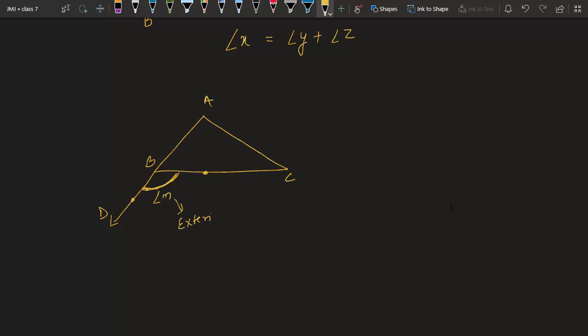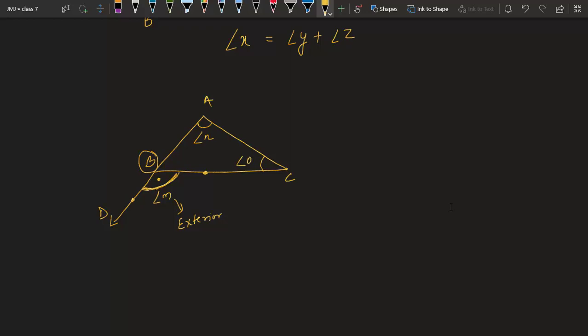Now you only tell me which are the interior opposite angles. Is it angle B, angle A or angle C? What do you think? Now you have to see, this is the exterior angle, that means angle B is adjacent one, it is not opposite. So that means opposite are angle A and angle C. Let me call them angle N and let me call this angle O, suppose.